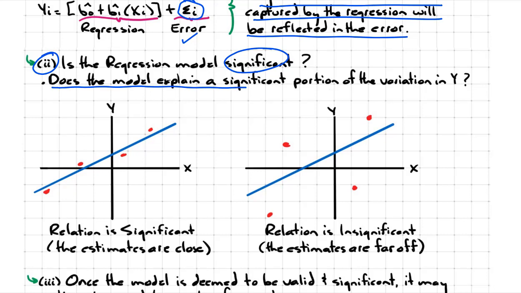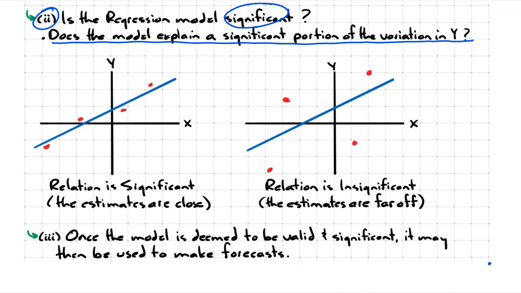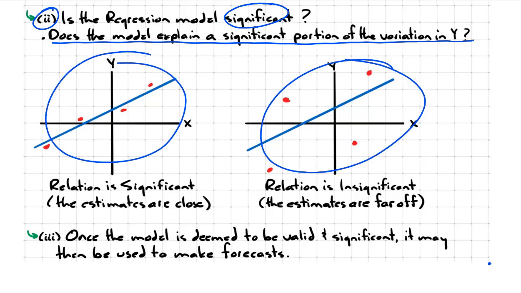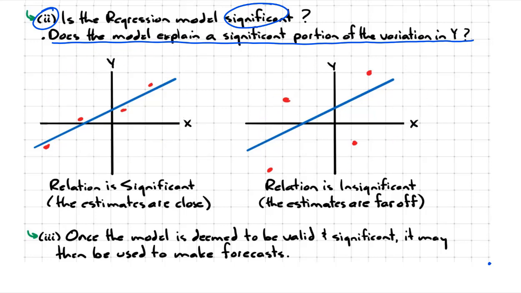So what does it mean when we're asking ourselves, is the model significant? In other words, does the model explain a significant portion of the variation in y? That's the whole point of these models: we want the model to do a good job of forecasting what the dependent value will be. So I've got two different scenarios here. Here's our first scenario, here's our second scenario. And you can see that it's the same regression line, the same exact blue line in both cases. But in the first instance, look how close the regression is coming to the actual observations.